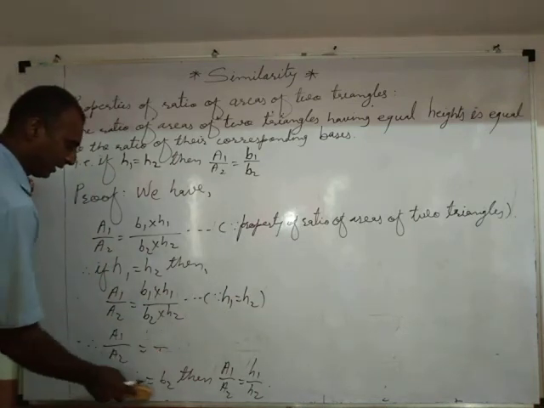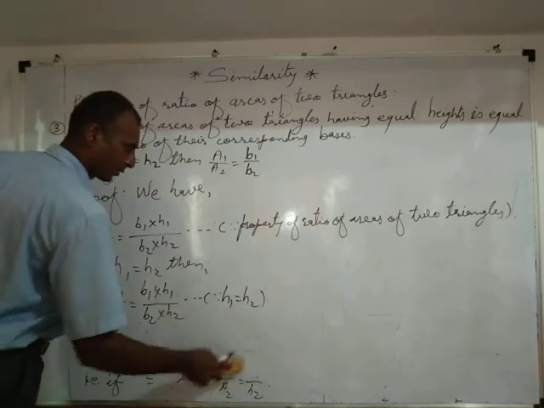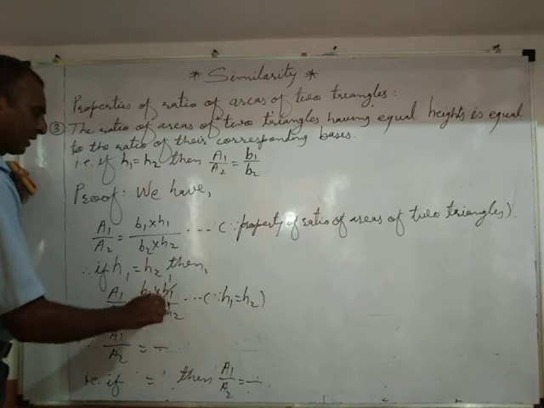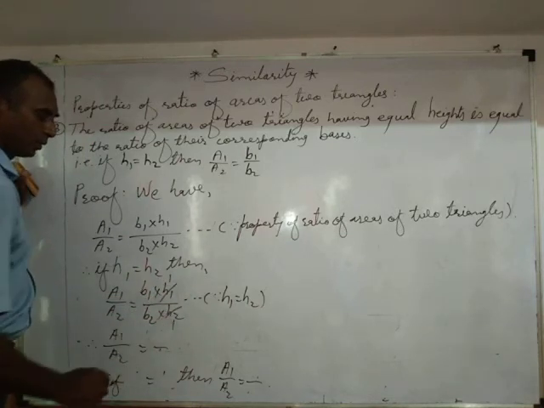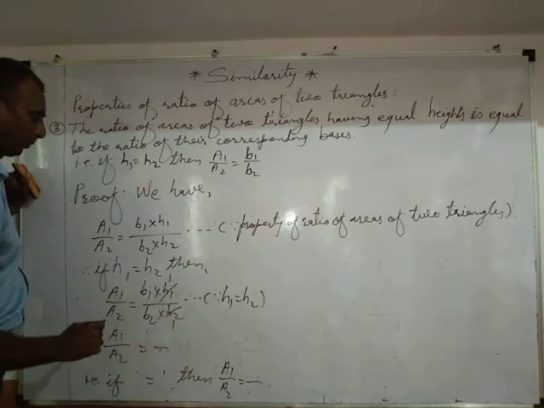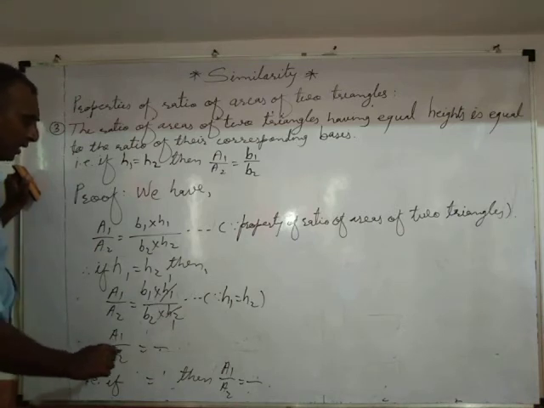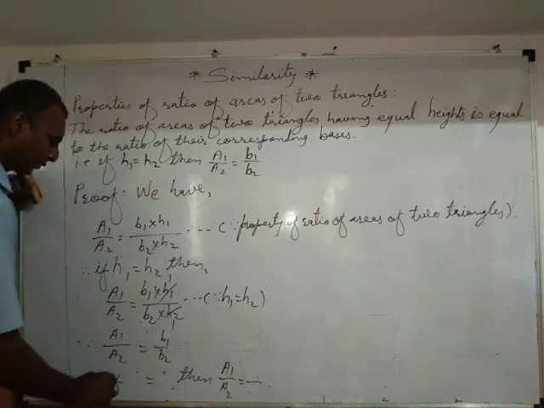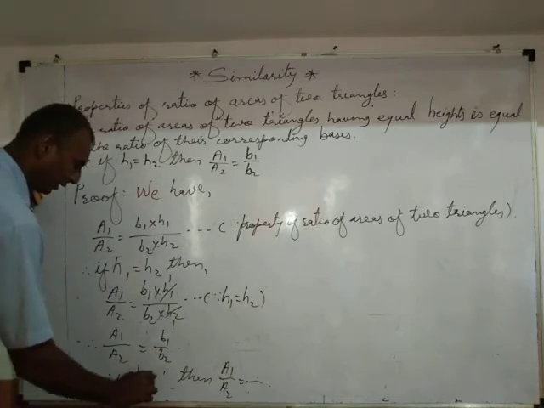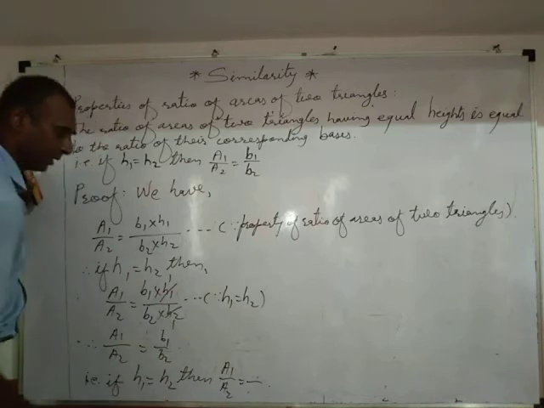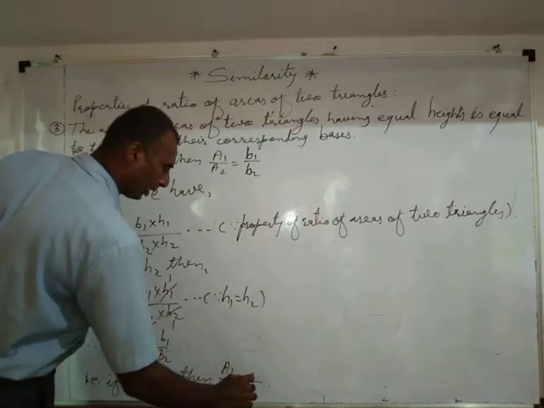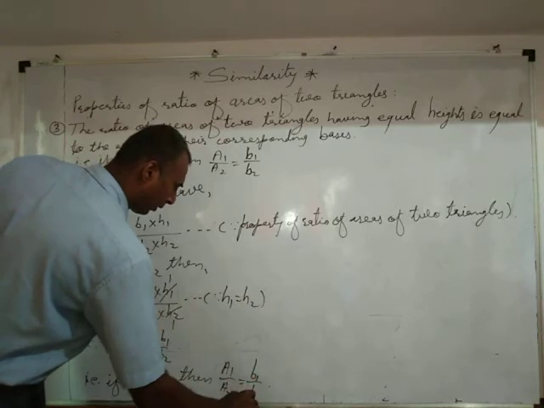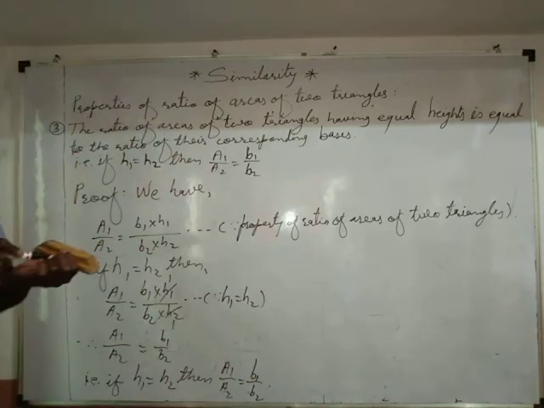What can we cancel? Yes, we can cancel H1 with H2. H1s are H1, H1s are H2. Therefore A1 upon A2 equals B1 upon B2, and therefore if H1 equals H2, then A1 upon A2 equals B1 upon B2.